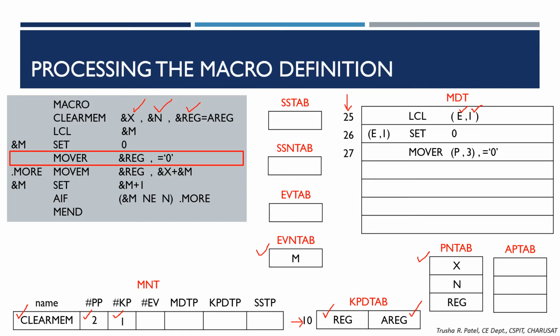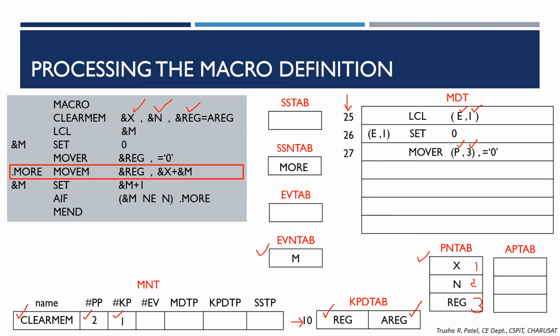Now REG is the third parameter, so it is written P, and it is available at the third index, 1, 2 and 3. That's why the index is 3, and =0 is the literal, which will remain as it is.